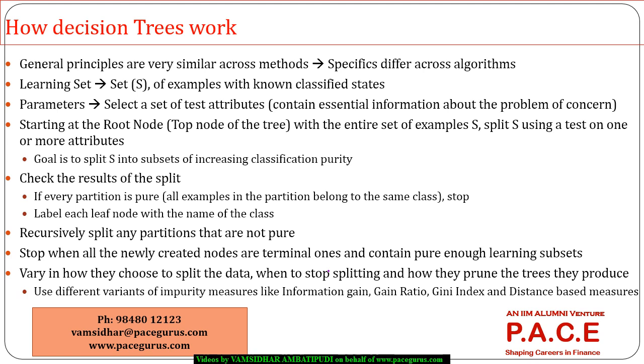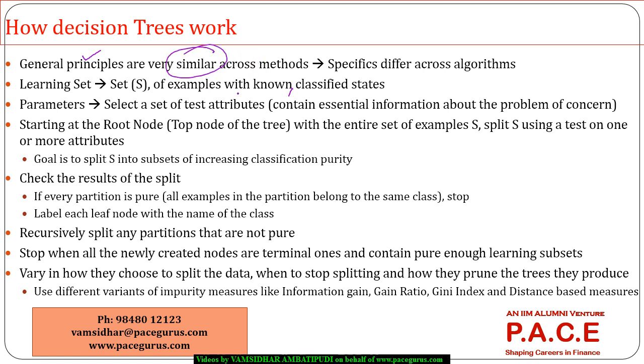Now that we know that decision trees are advantageous, we'll see the typical fundamentals behind the working of decision trees. There are so many algorithms, right? In the next few sessions, we are going to discuss each of these algorithms. But a few things I would like to highlight here are the general principles behind the working of the decision tree.